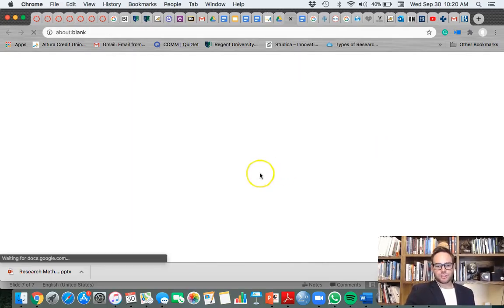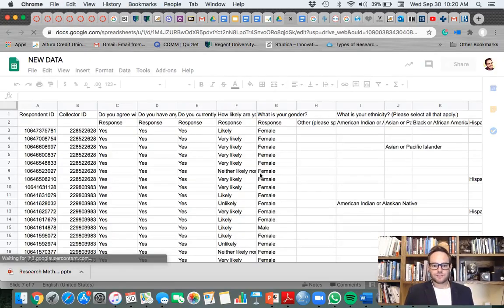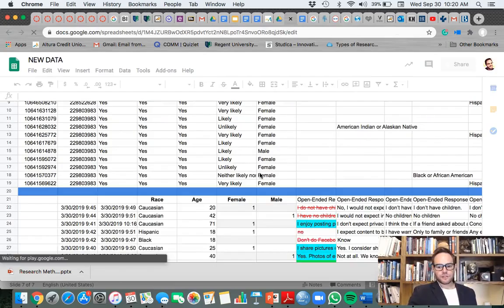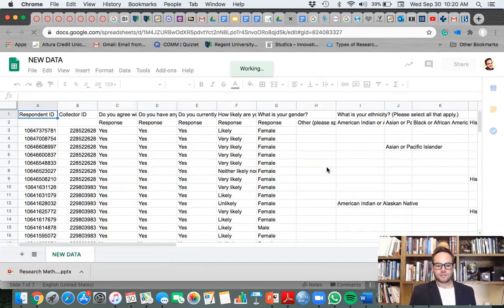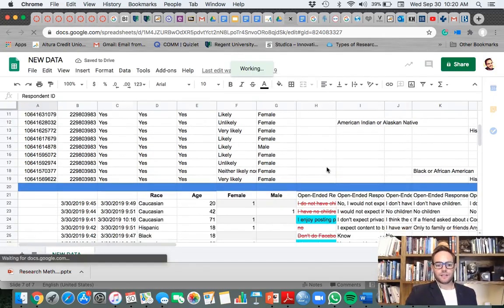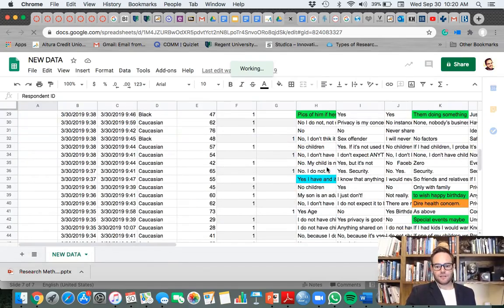But I wanted to show you with coding data, this is a really time-intensive process. And so this was the data for the paper that I did on sharenting. I'll discuss a little bit about sharenting in just a minute.